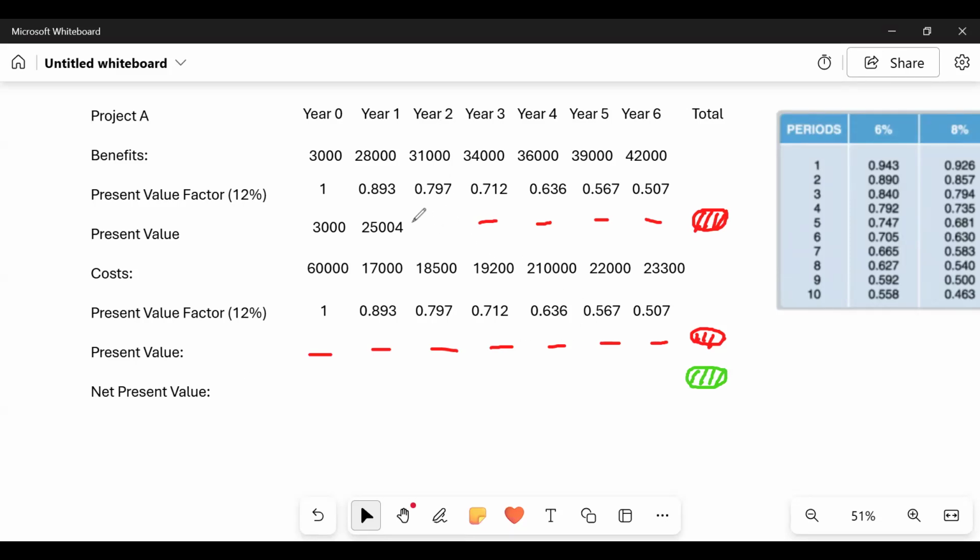After 2 years, we'll get 24,707. Then when you multiply 34,000 with 0.712, you will get 24,208.